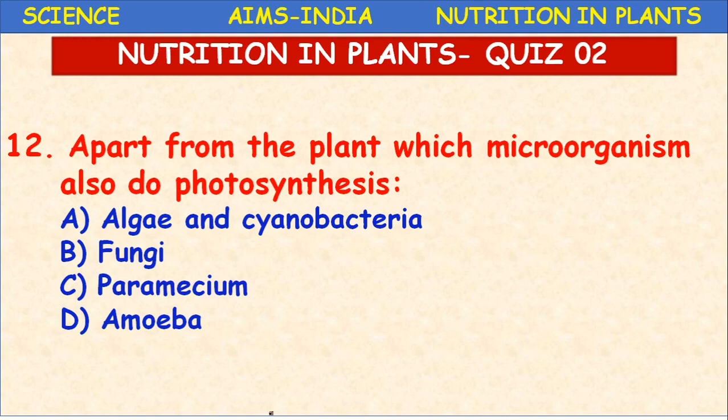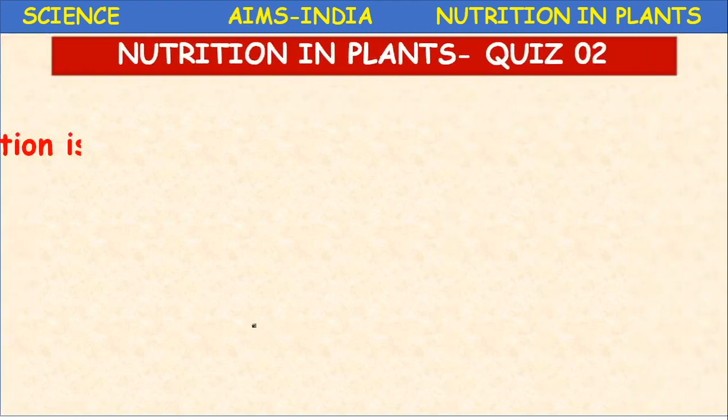What is cyanobacteria? Cyanobacteria is nothing but blue-green algae. Here the remaining organisms are heterotrophs: fungi, paramecium and amoeba. So here the right option is A, algae and cyanobacteria. Blue-green algae.